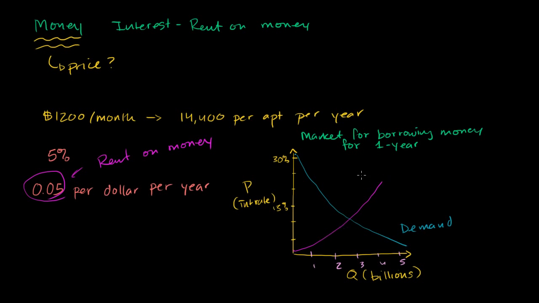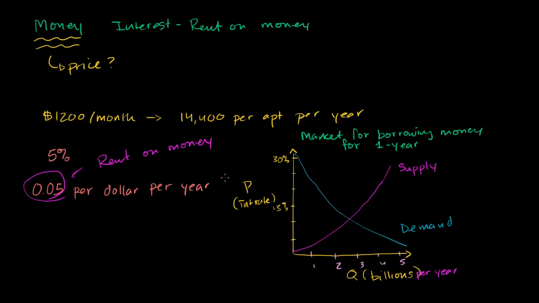And so we've now drawn the supply and demand graphs for the market for borrowing money for 1 year. So this is right here. This is the supply. And this is in billions of dollars, let's say billions of dollars per year. So this is how much is going to be lent in that year, and it's for borrowing money for a year. But as we see, we can view money just like we could view any other product.